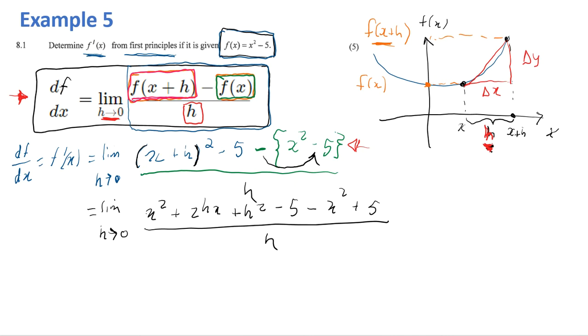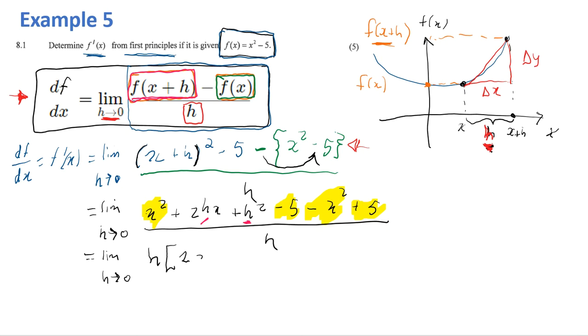Okay, so let's see what cancels out a bit. This minus 5 and this plus 5 cancels out. This x squared minus x squared cancels out. And what we have crucially here is an h in both of these terms. So what we get is, well, that equals the limit of h approaching 0. And then we're going to take this h out of the bracket. There's a common factor.